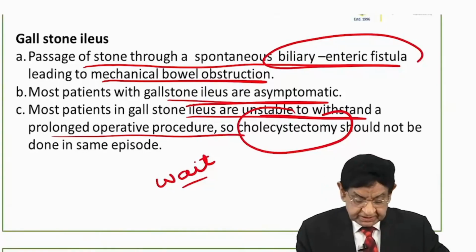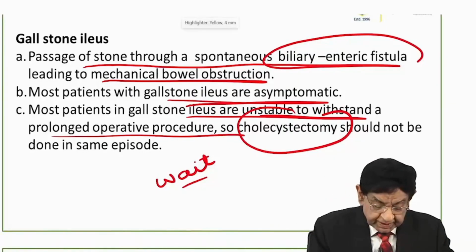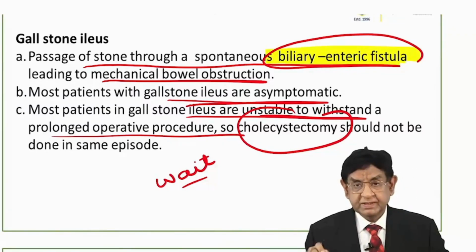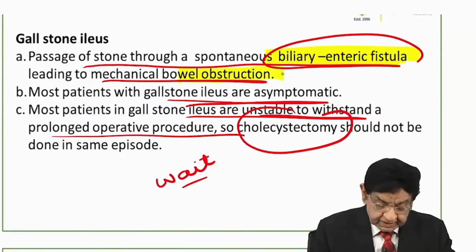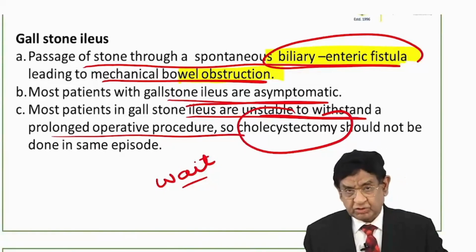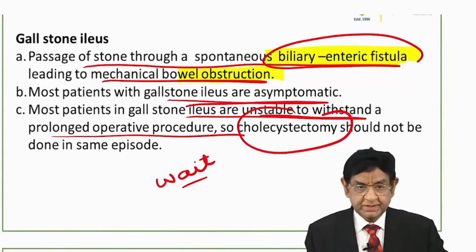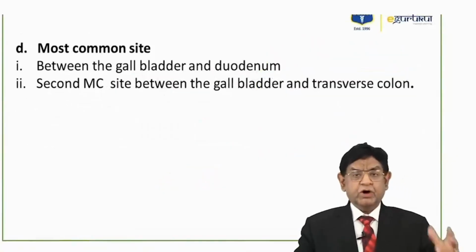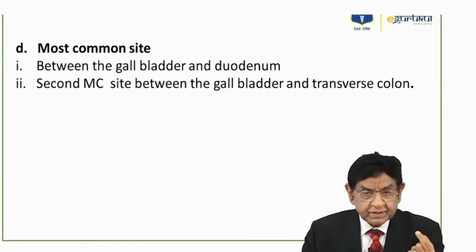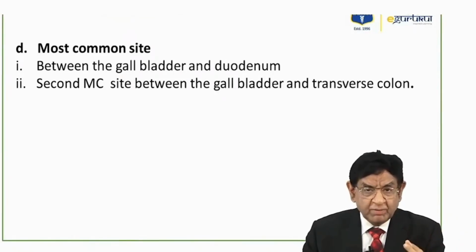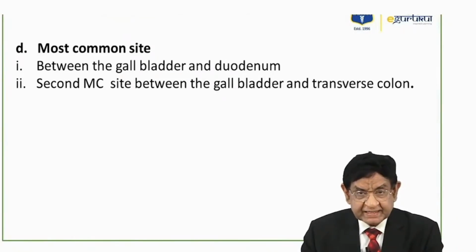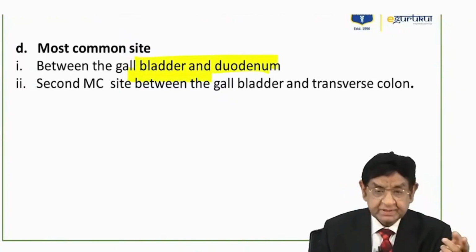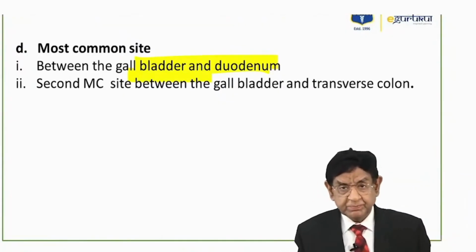So friends, the keyword to remember is biliary enteral fistula, and that can lead to obstruction and that can lead to ileus also. Okay, gallstone ileus. So we got a stone coming from the gallbladder to the intestine. It may be between gallbladder and duodenum. This was Bouveret syndrome.